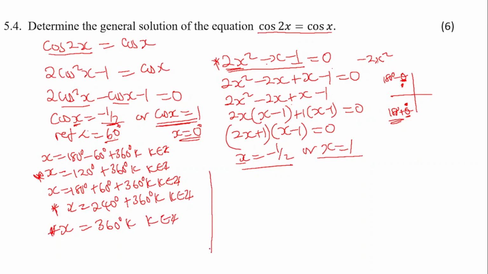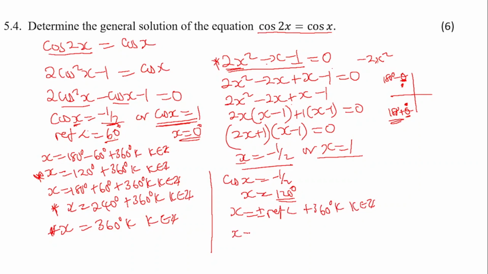Right, if you want to use the formula method, just know that for your reference angle, just use it as it is. Say cos x is equal to -1/2, and then cos this, you get x is equal to 120 degrees. And then you have to remember that for cos x is going to be positive or negative reference angle, then plus 360 degrees times k, where k is an integer.